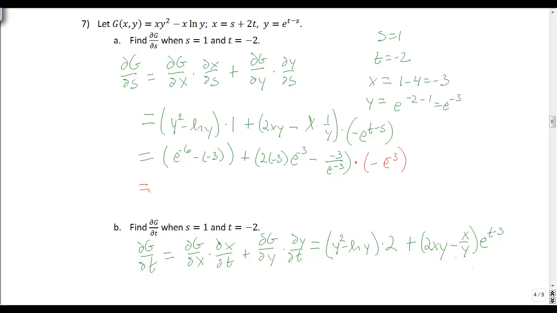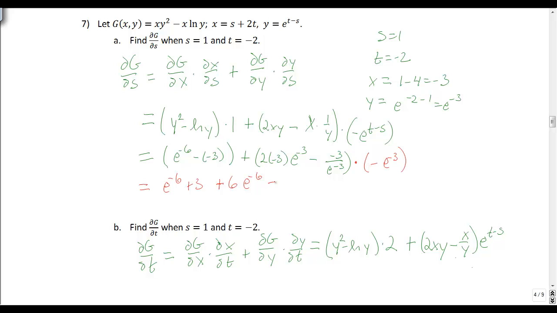And so what I get, let's see, this is e to the negative 6 plus 3. When I distribute this e to the negative 3, I'm going to get a minus 6 here. And e to the negative 3 times e to the negative 3 is e to the negative 6. But then that negative is going to turn that into a plus. And then the other term, we get negative, negative, negative.